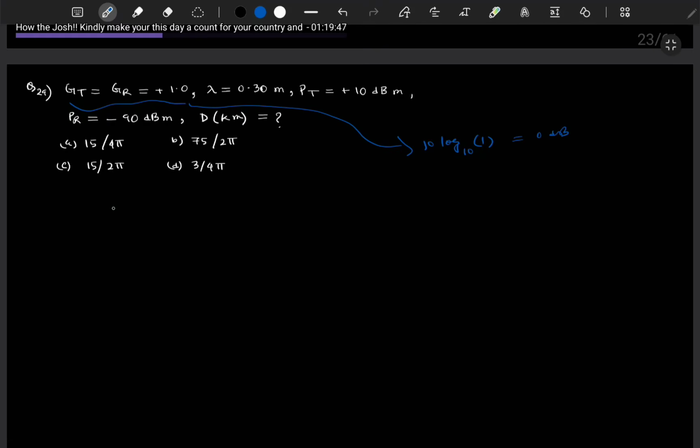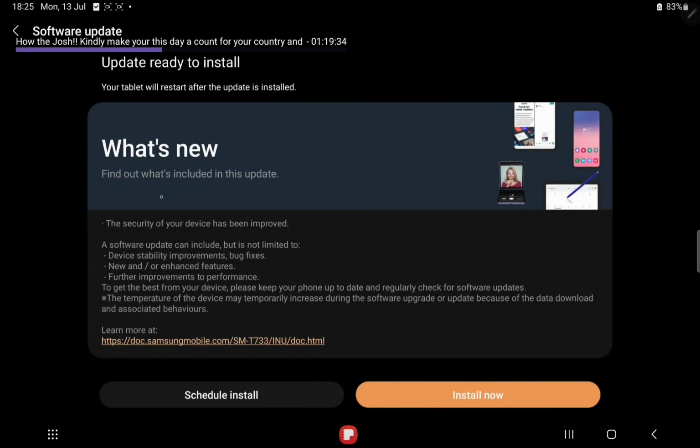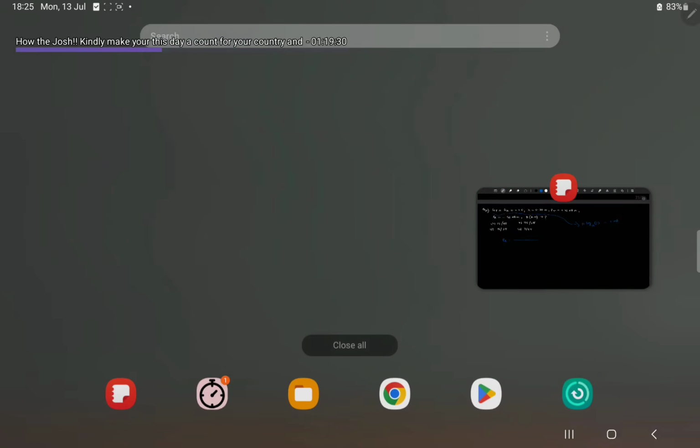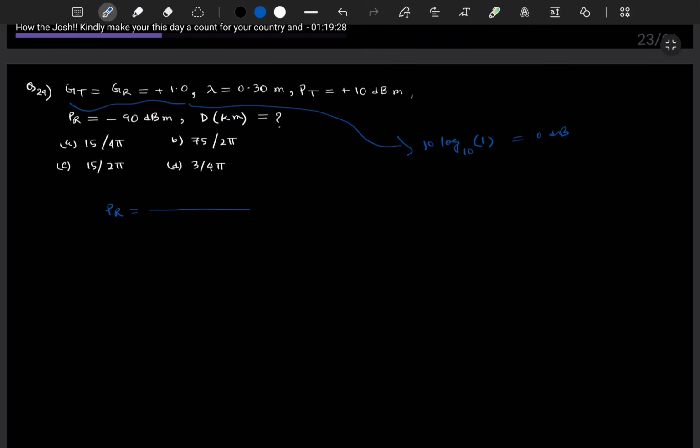Now this Friis equation is related to antenna: PR equals PT GT GR by (4 pi r by lambda) whole square.